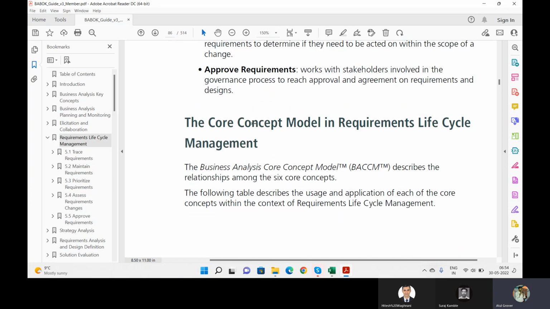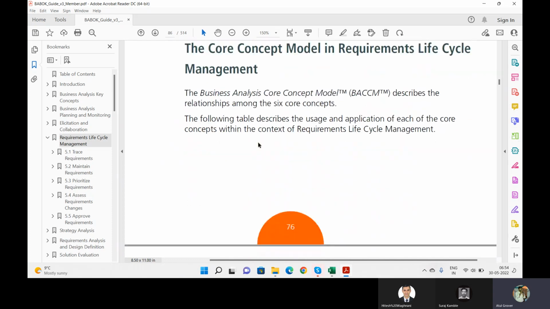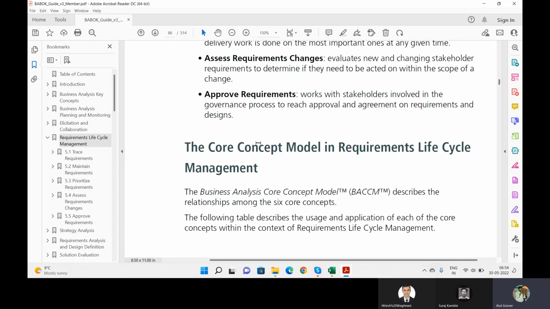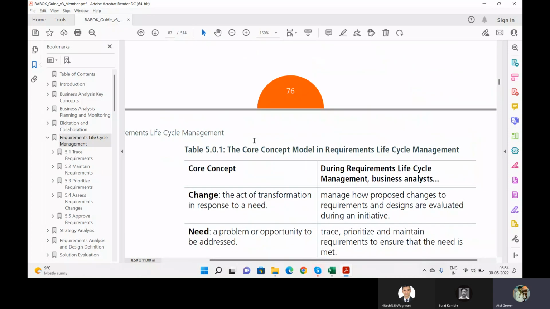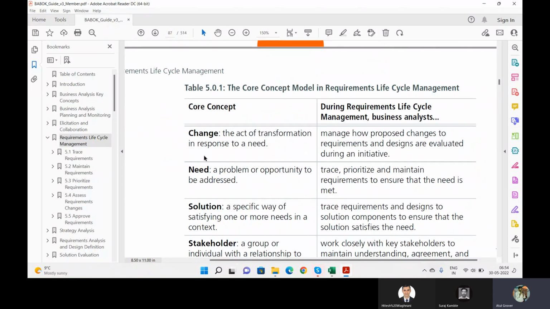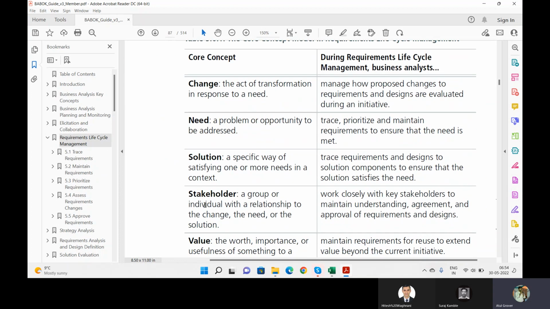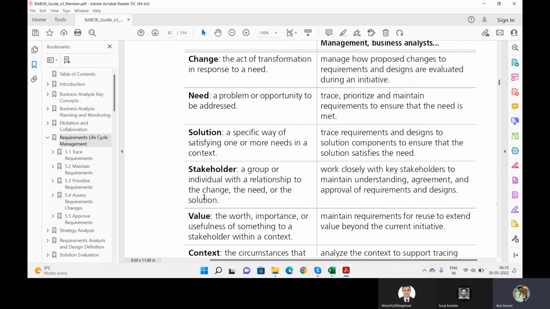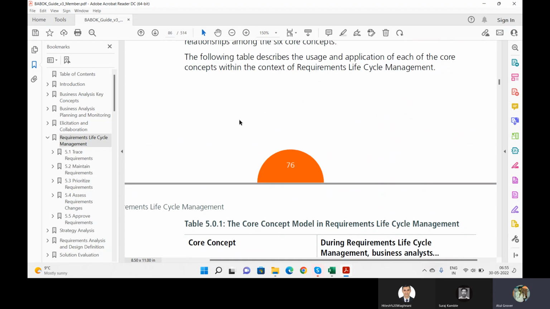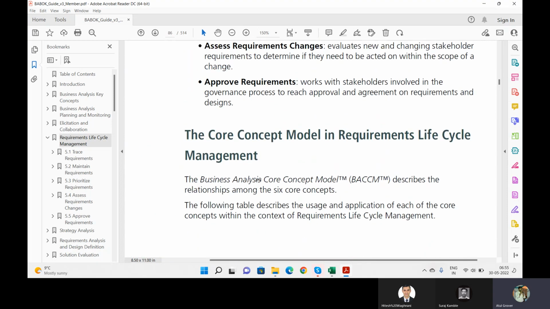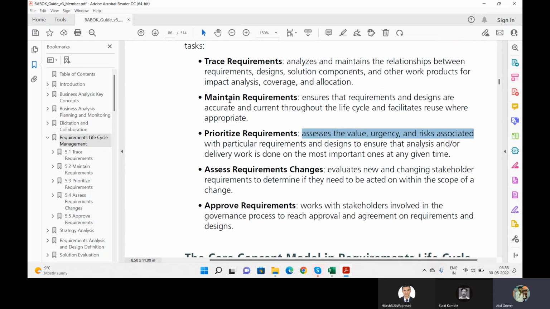We already have this core concept model in our discussion, BACCM. Why are they giving this? Just to understand this part. Change, need, solution, stakeholder, value, and context. But now the five parameters which we discussed, they bring into this model. Like maintain, trace, prioritize.